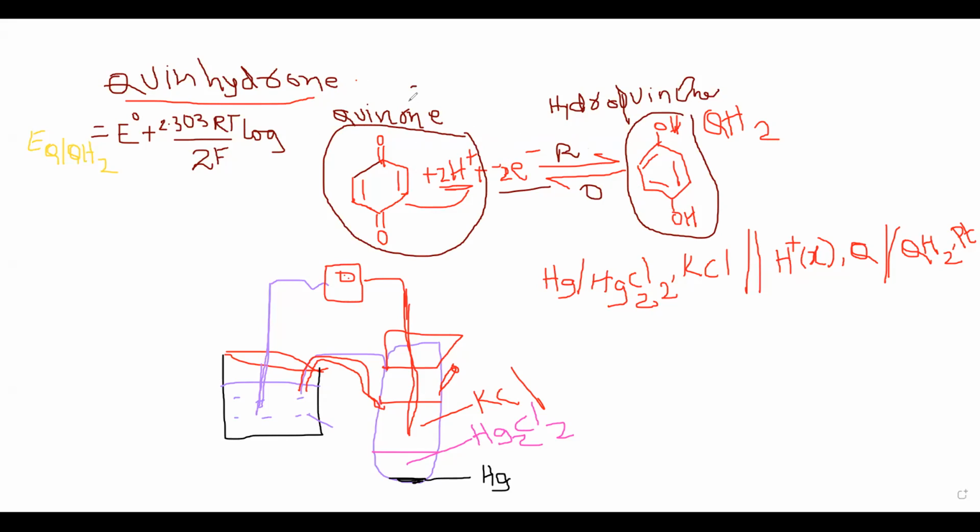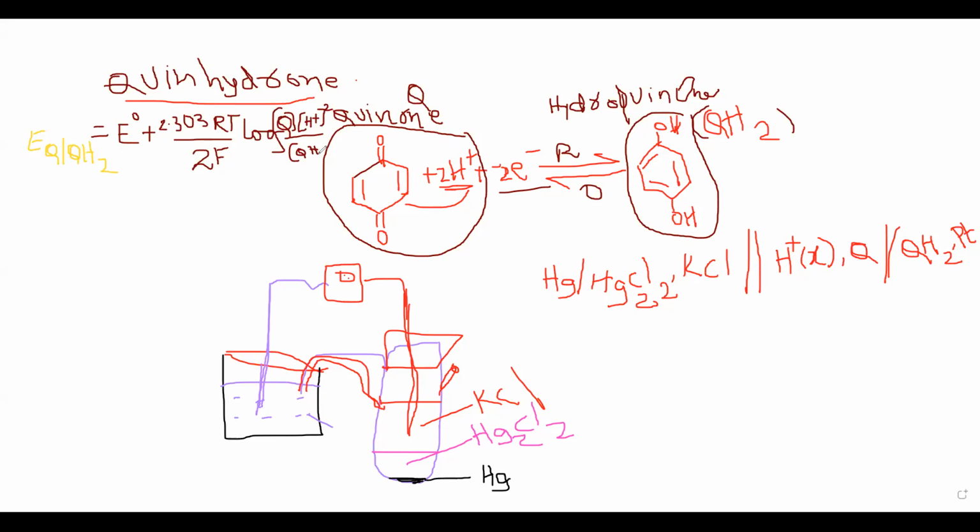Log, it is represented by Q. It is represented by QH2. Just now we saw this. Molar concentration of Q into molar concentration of H plus whole square, by QH2.